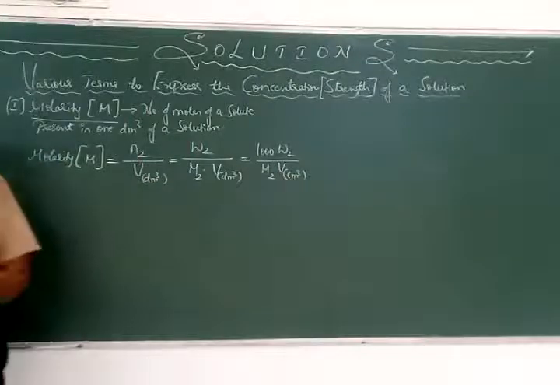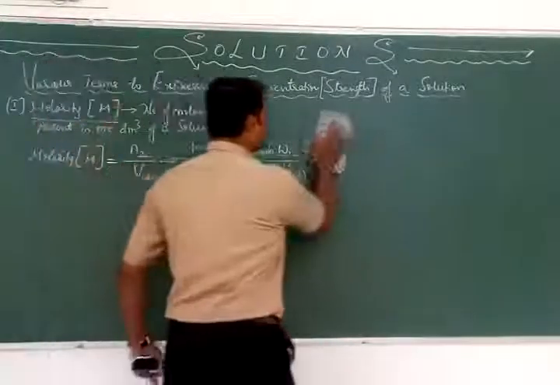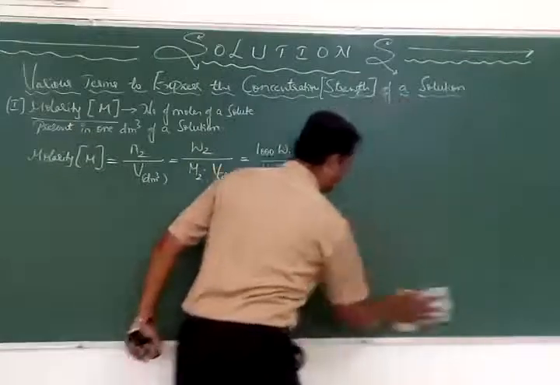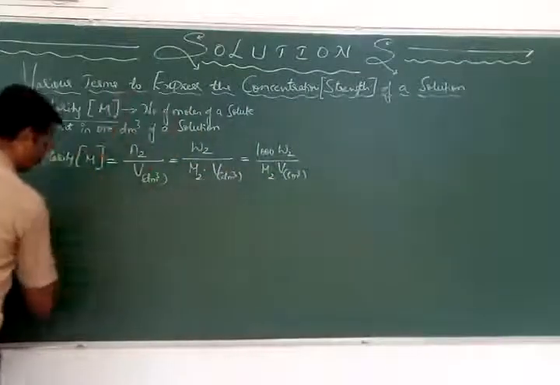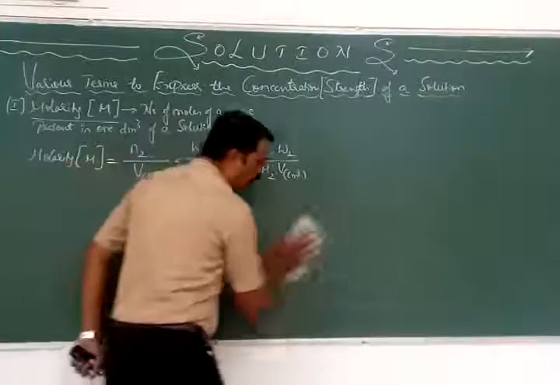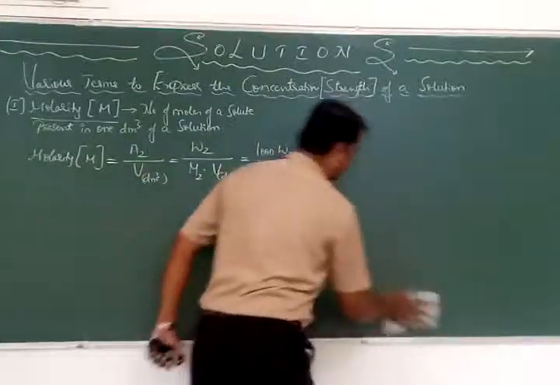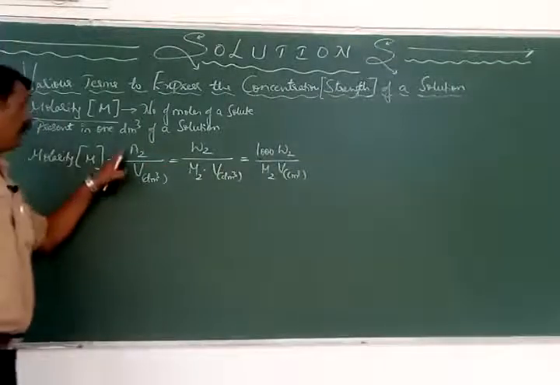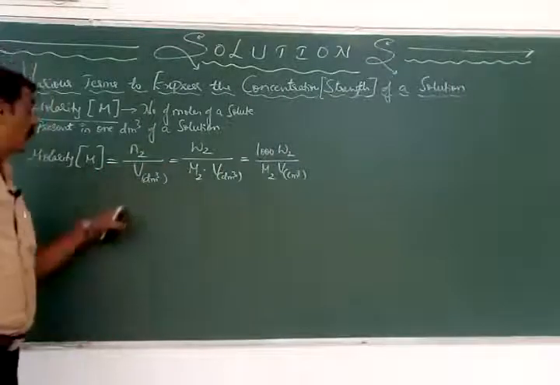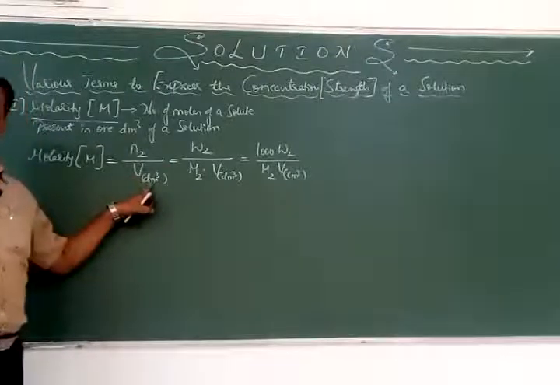What is molarity? It is the number of moles of a solute present in exactly 1 dm cube of the given solution. So mathematically, molarity capital M is equal to N2 divided by V. N2 is the number of moles of solute divided by the volume of the solution expressed in dm cube.